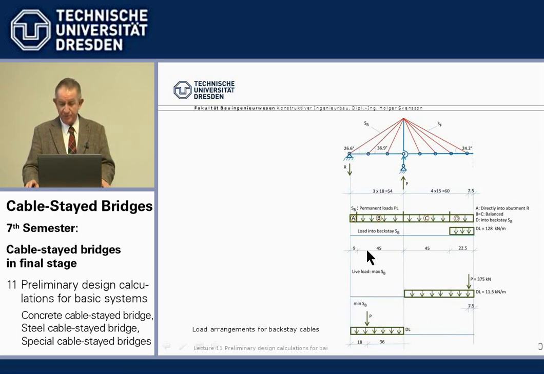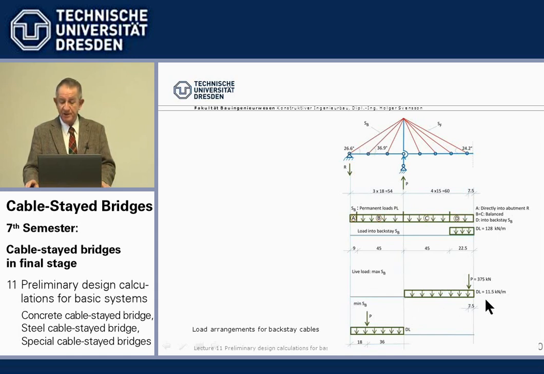They have three types of loading. The dead load is of course always over the full length of the bridge, but is split up in parts. We come to that in the next slide, for those dead loads which are governing for the backstays. Now the live load is rather simple.